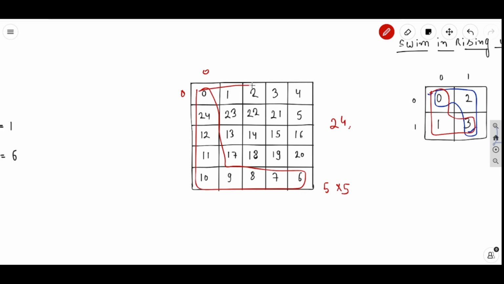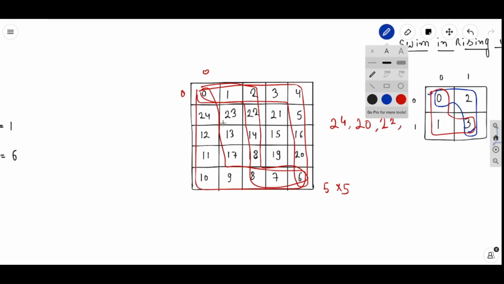Another path is this, and along this path the maximum water level is 20. Another path has a maximum water level of 22, and so on. The optimal path for this test case would be this.